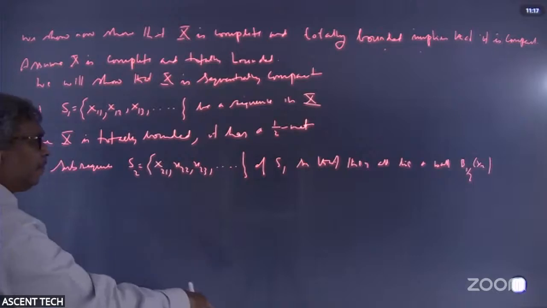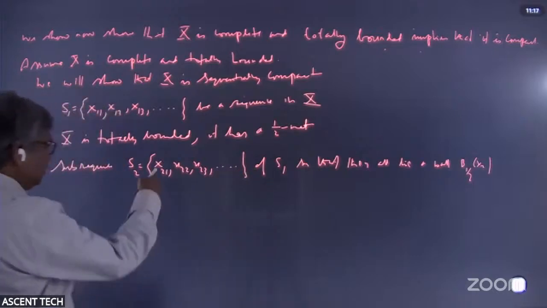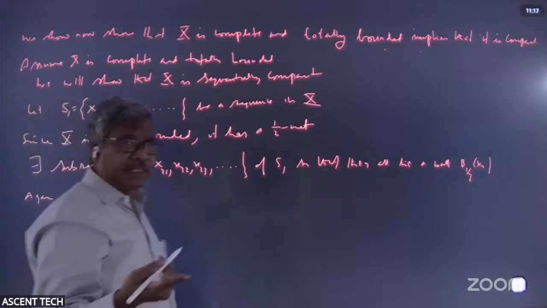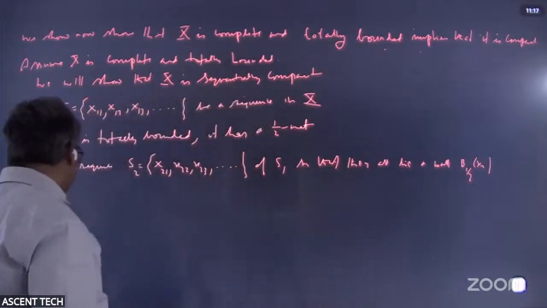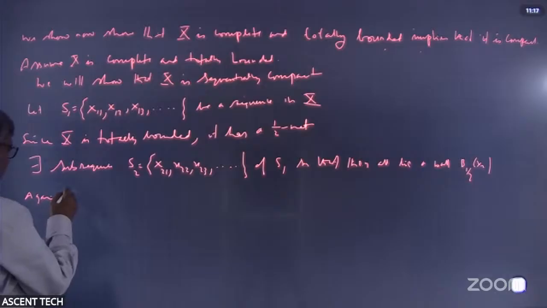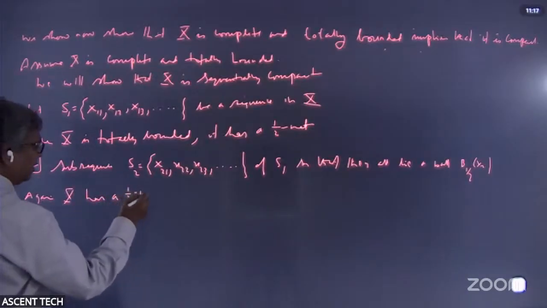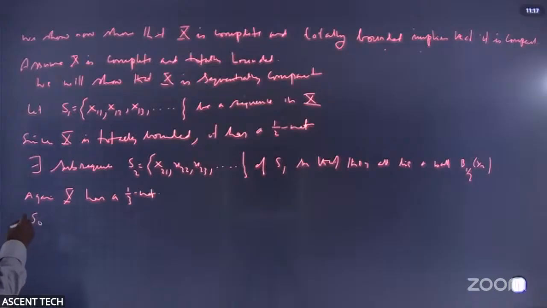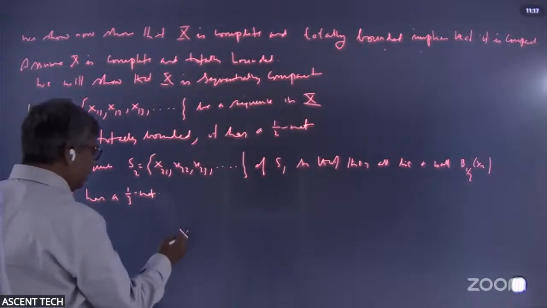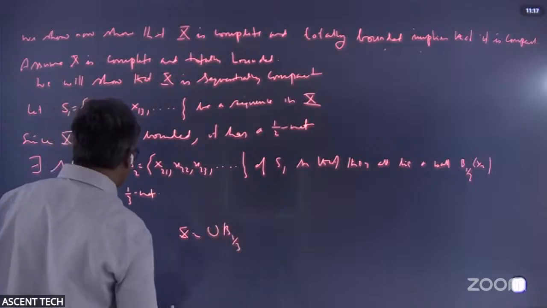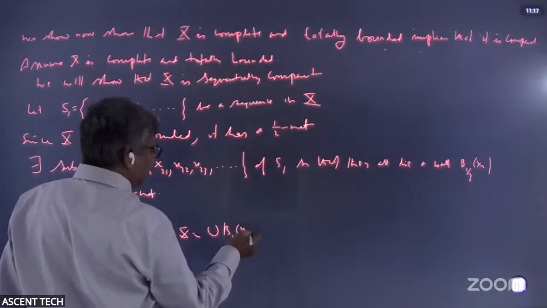but I can have another 1/3 net. That is, another subsequence. Okay, so again, it's totally bounded, right? And for every epsilon, I had an epsilon net. So there is a 1 by 3 net. Again, X has a 1 by 3 net. So this X is going to be a union of finitely many balls centered at some arbitrary points, maybe Z1, Z2.